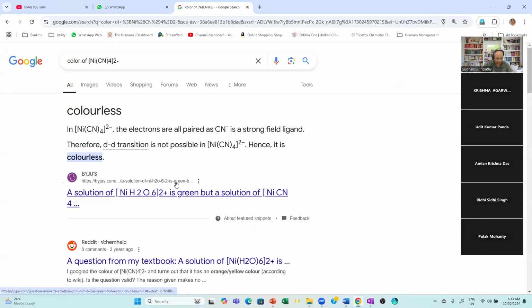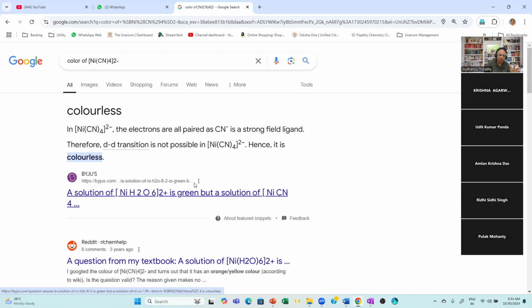It is colorless. And this colorless, there is a general belief that if it is colorless, then the d-d transition will fall totally in the UV region.